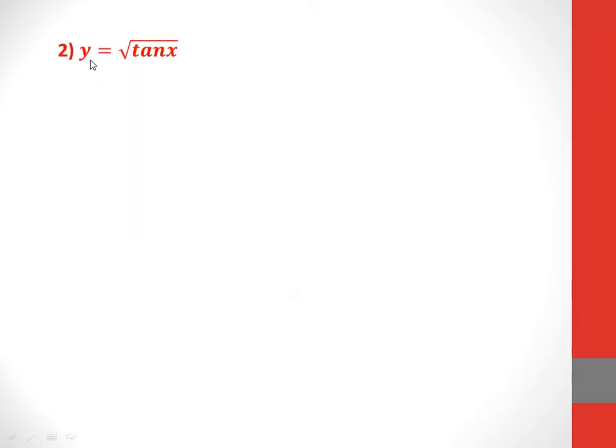If it is given y is equal to root tan x, now if you observe this carefully, it looks like y is equal to root x. See here, root tan x: the original function is root x, and in place of x there is tan x. Now what is the derivative of root x?